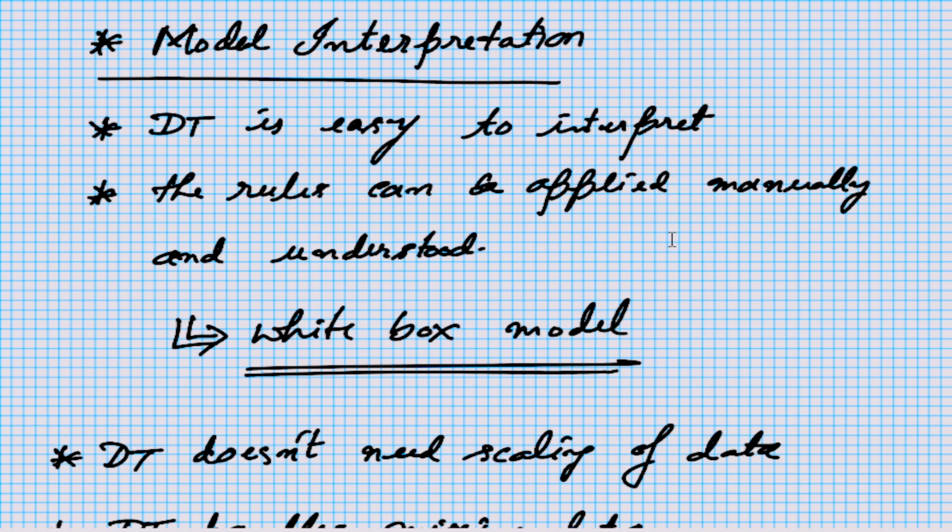But that may not be very clear when you study neural networks, because the calculation in a neural network happens in terms of other parameters called weights and biases. So you will not know why an input sample is classified into the dog or cat category.